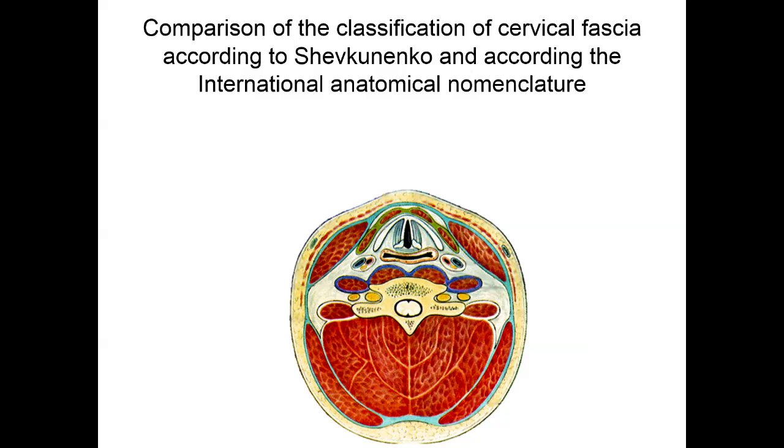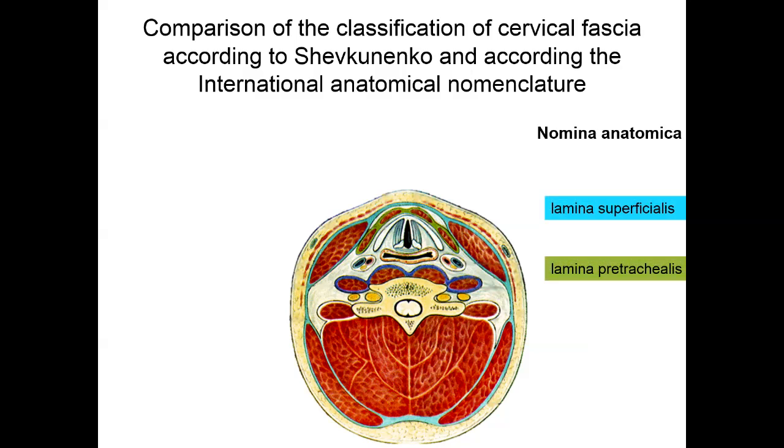So we use this picture, and here from the right side we shall demonstrate classification according to nomina anatomica. It means international anatomical nomenclature. And 3 laminae: lamina superficialis, lamina pretrachealis, and lamina prevertebralis.